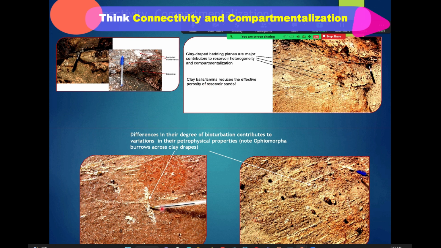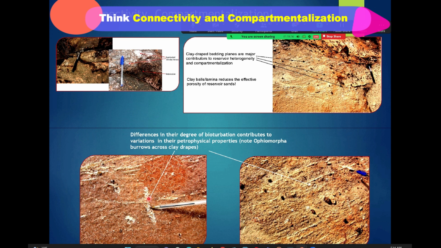Okay, and then here you see this is just an evidence of how bioturbation, in other words, activities, evidence of movement of this organism, how they can enhance or not enhance the quality of a reservoir.